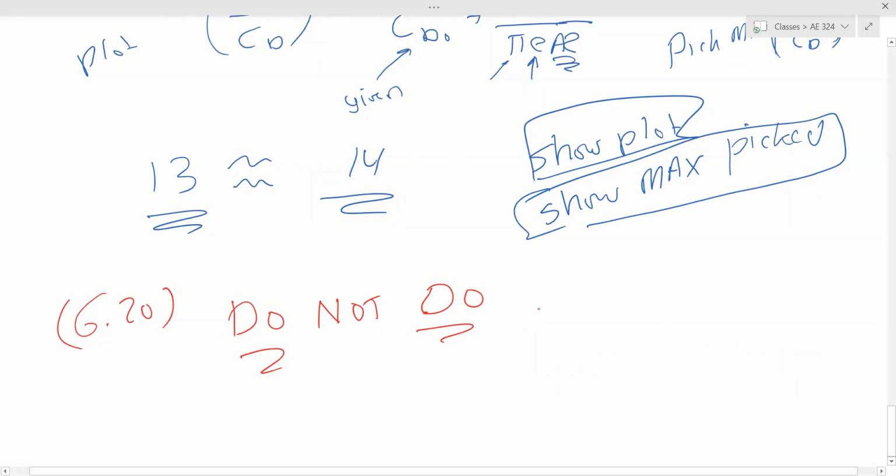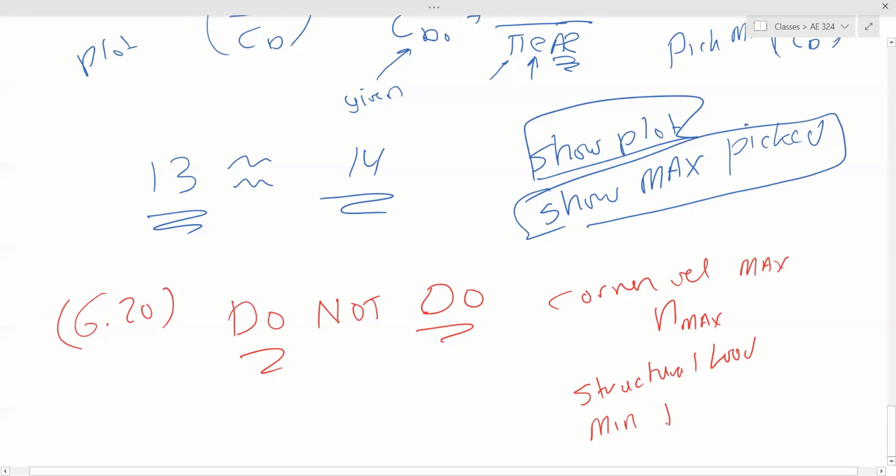So really just the corner velocity is where you get your maximum load factor and structural load. And so it gives you the minimum turn radius from that. So I don't see any value in just having you plug numbers into formulas. So do not do 6.20.